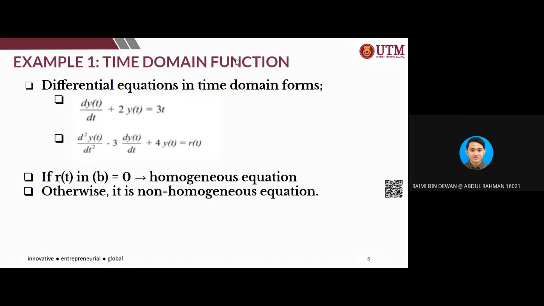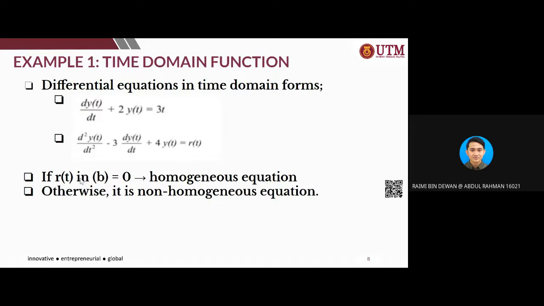Example 1, time domain function. Differential equations in time domain form. If you see here, dy(t)/dt plus 2y(t) equals 3t. So this is a first order differential equation. Next, we have d squared y(t)/dt squared minus 3 dy(t)/dt. Here you can see the maximum order is square, so this is a second order differential equation in time domain.